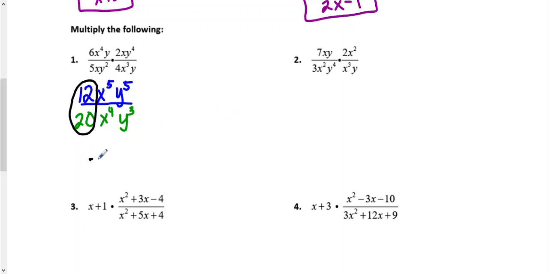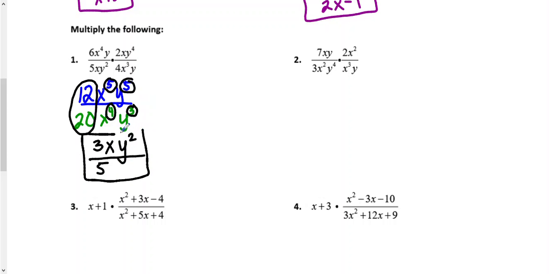So in my new fraction, I'm going to have 3 over 5. Then I have x to the 5th divided by x to the 4th. So we say 5 minus 4 is x, which stays on the top because 5 is bigger than 4. Same with the y's. 5 minus 3 is 2, so y squared stays on the top.